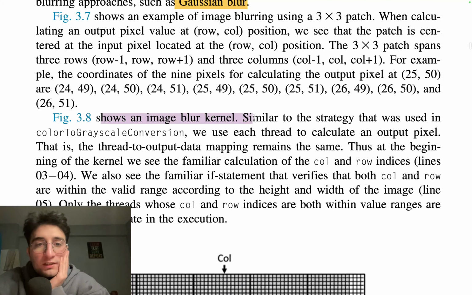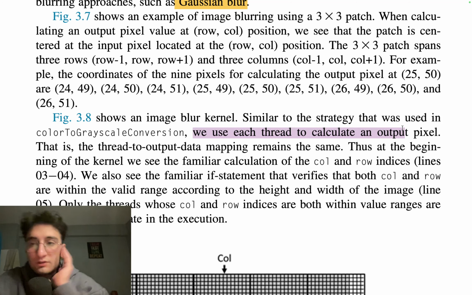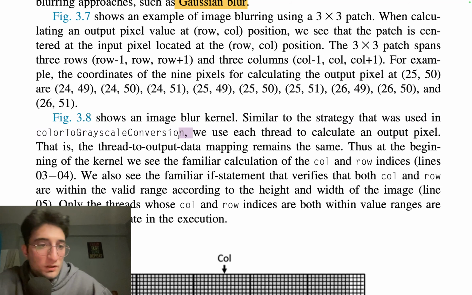Figure 3.8 shows an image blur kernel, similar to the kernel that was used in color to grayscale conversion. We use each thread to calculate an output pixel. That is, the thread to output data mapping remains the same. Thus, at the beginning of the kernel, we see the familiar calculation of the column and row indices, lines 3 and 4.